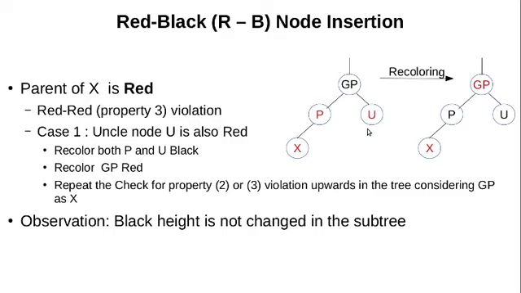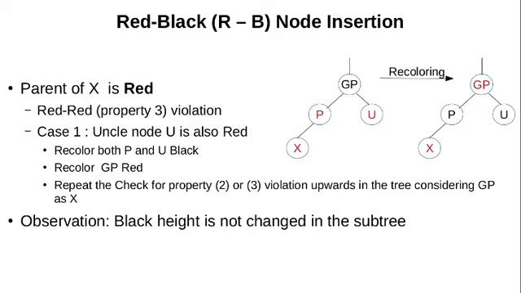This removes the red-red violation but increases the black height of their parent node GP. Hence, to compensate for the increase in black height, we recolor GP to red. Note that GP was black. Otherwise, the red-red violation was present in the tree even before insertion of node X.